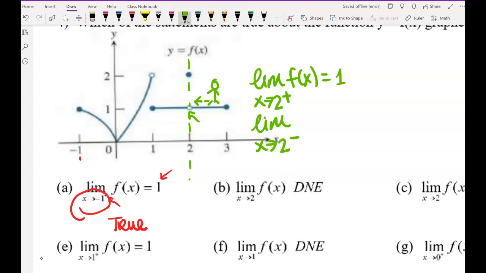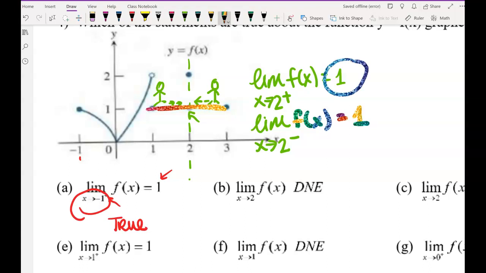Remember, left means we're standing on the left side and approaching that x location, and this x location again is 2. The y value is still at the same place, which is 1. So y is approaching 1 for right and left. Well, the right-hand and left-hand limits are exactly the same. Therefore, this should exist. So the answer to this would be false.